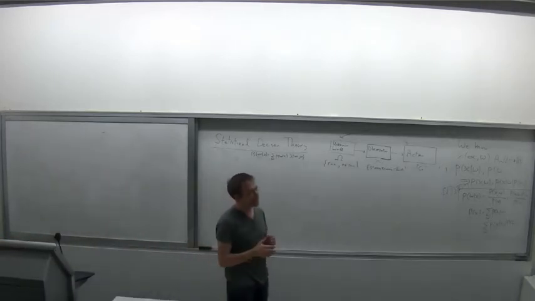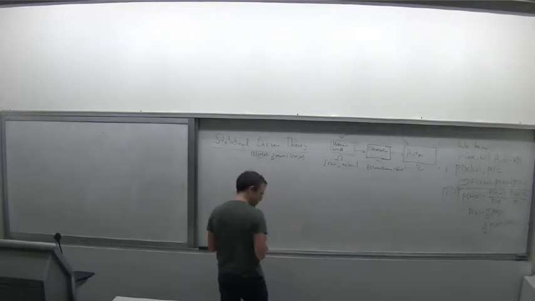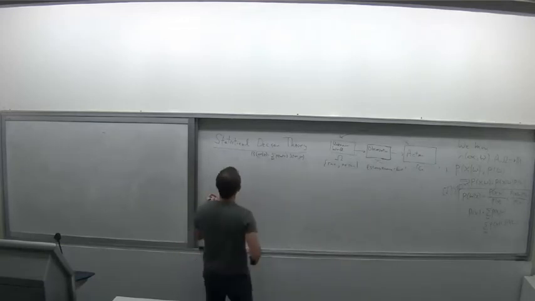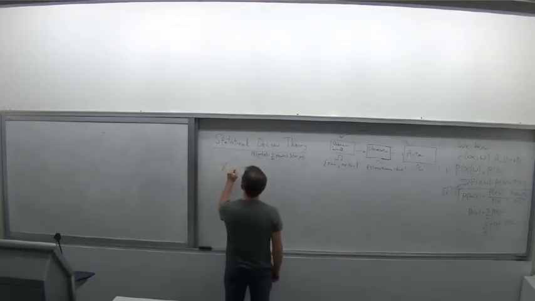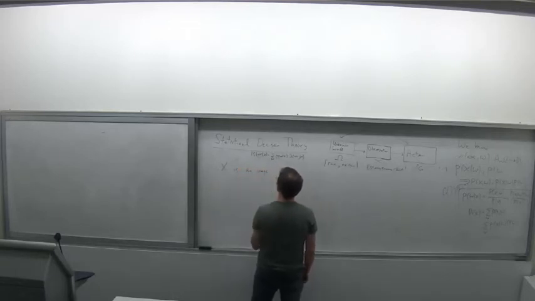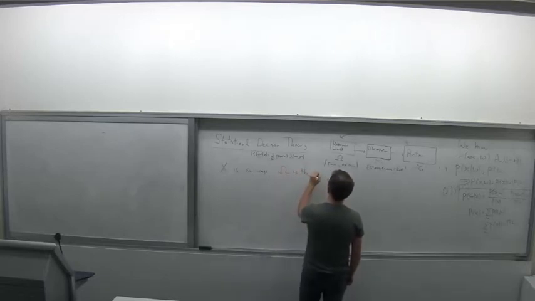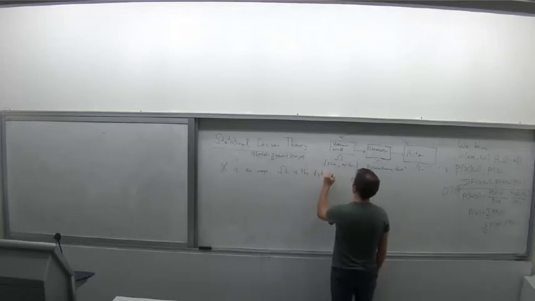So let's take something like a digit recognition problem, where let's say X is an image, and omega is the digit described in the image.